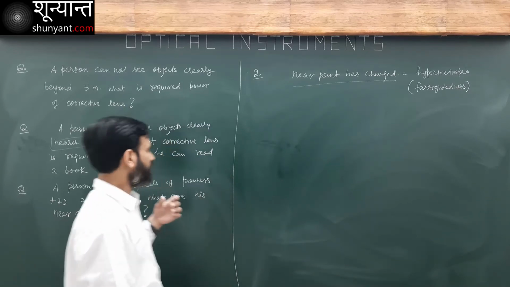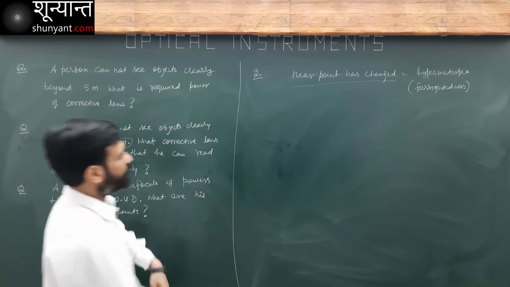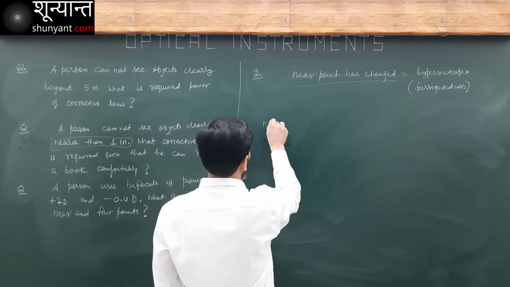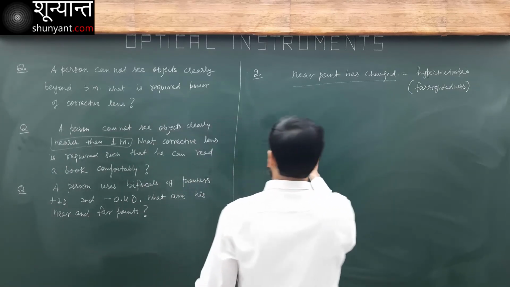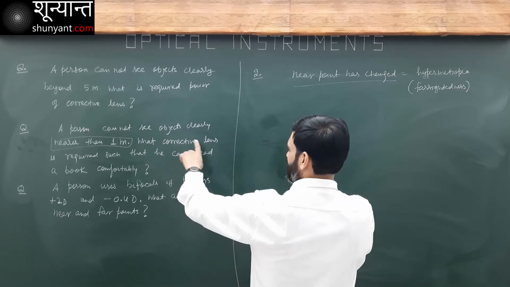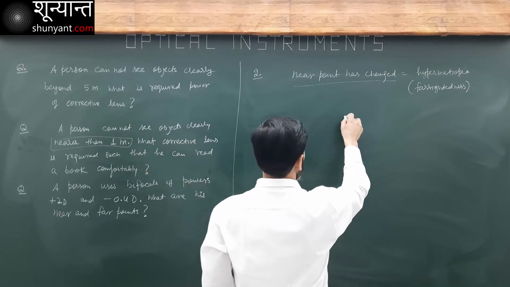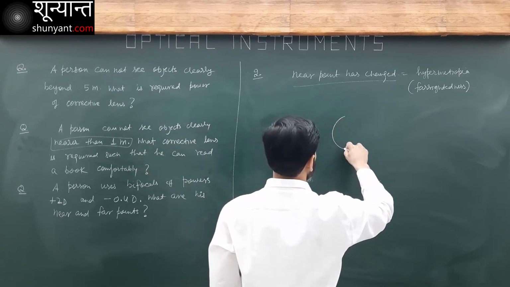So let's look at the problem. Let's look at a normal eye, 25 centimeter. This is 1 meter. So this is the problem here.